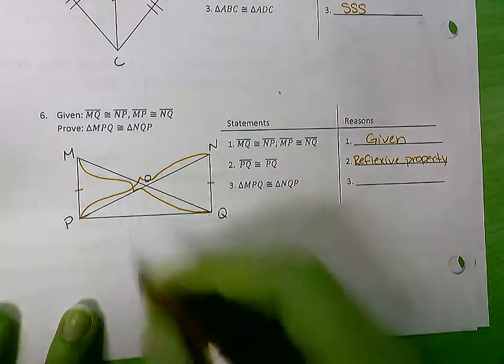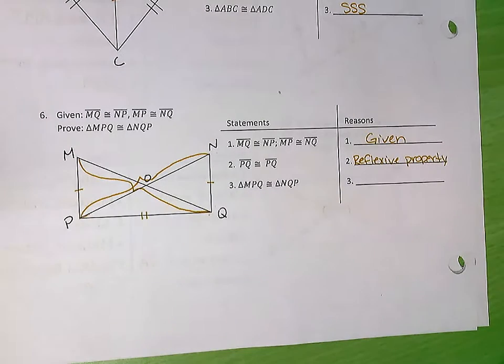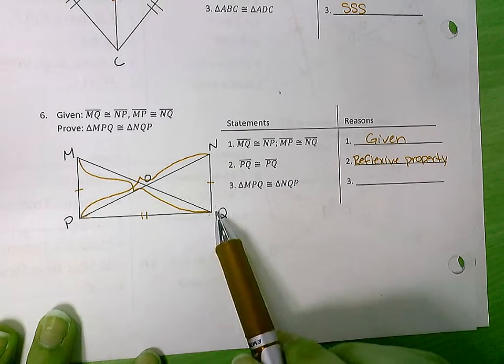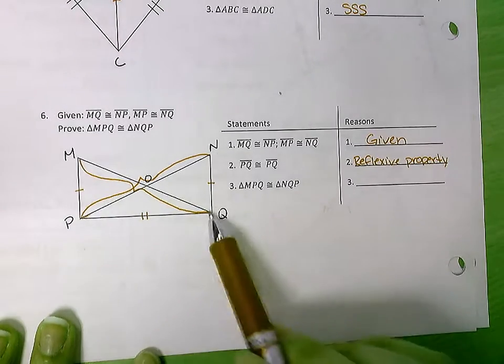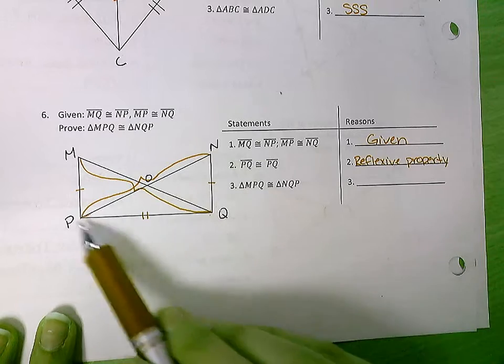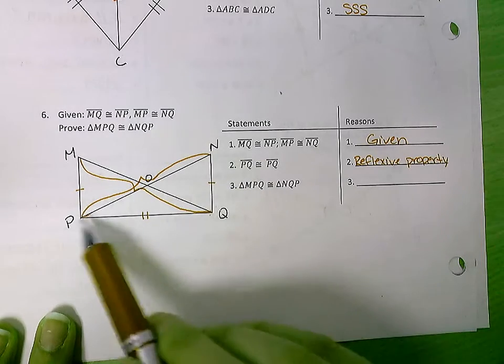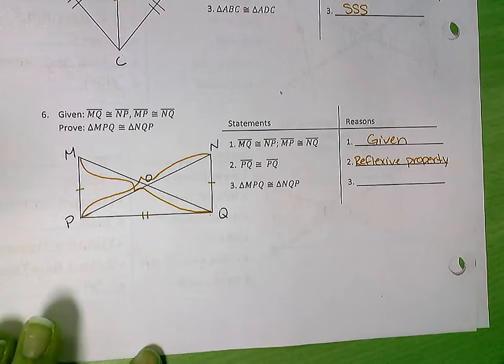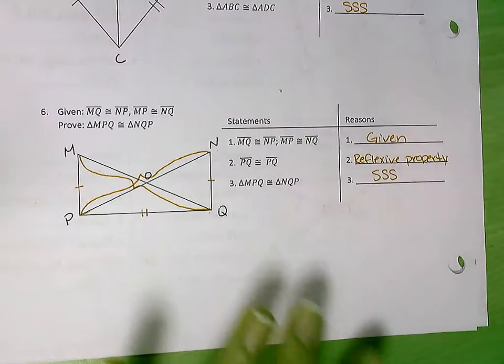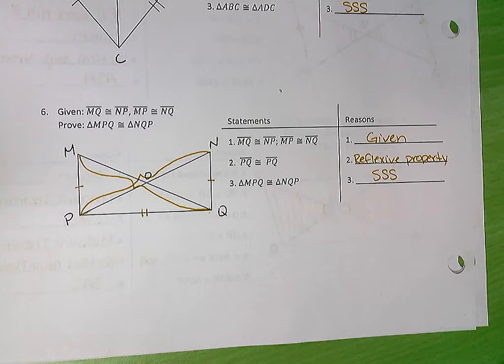And I can label PQ congruent to itself. So now if I'm looking at my triangles, we have triangle MPQ, we have a side, and this side. And then NQP, we have a side, and this side. So by side-side-side, I can say those triangles are congruent to each other.